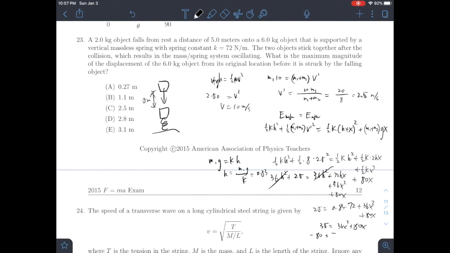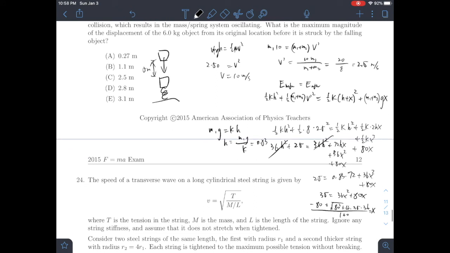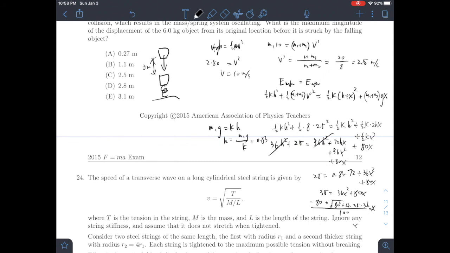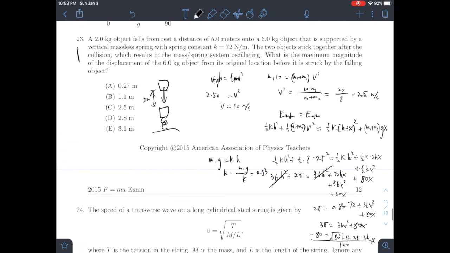Then we can solve the equation using the quadratic formula: negative 80 plus or minus the square root of 80 squared plus 4 times 36 times 35, all over 160, which is equal to x. This is a pretty long calculation. Plugging into the calculator, we get x equal to 1.16, which is closest to B, 1.1.